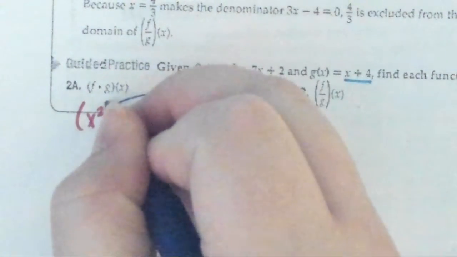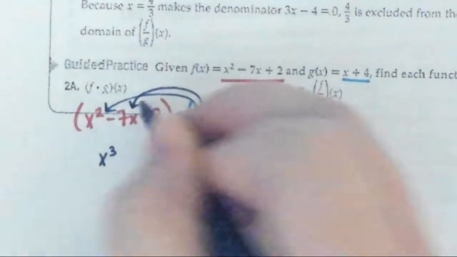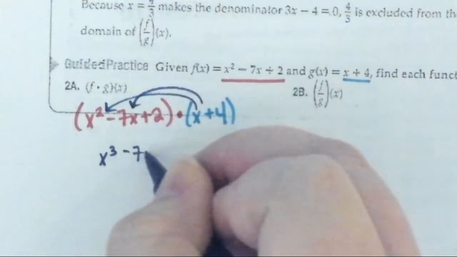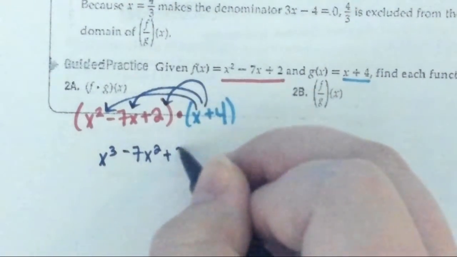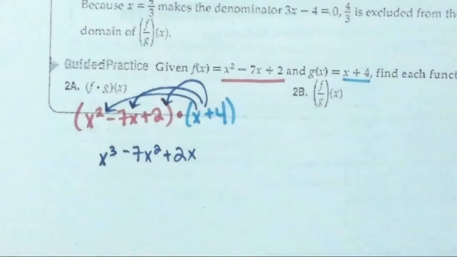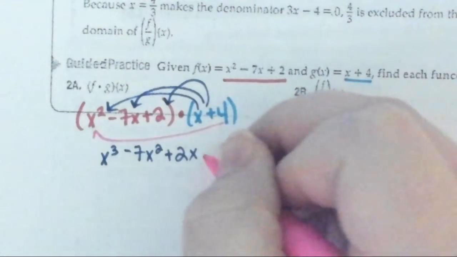So x times x squared, I get x to the third. Negative 7x times x, I get negative 7x squared. X times 2, I get 2x. But I'm not done because, yeah, I distributed the x, but I still got to share the 4. So 4 times x squared, I'll get plus 4x squared.